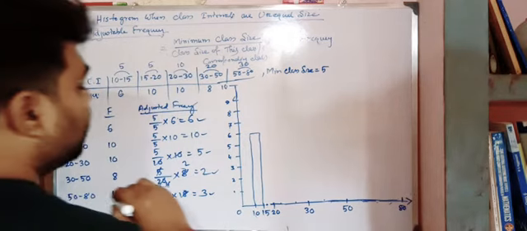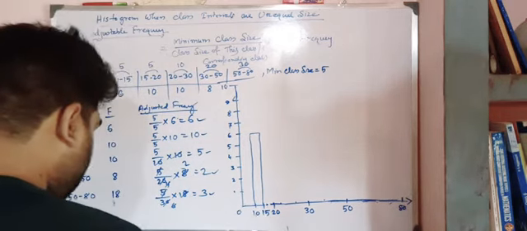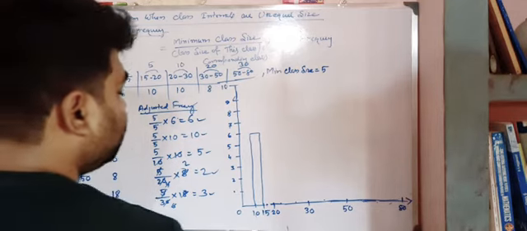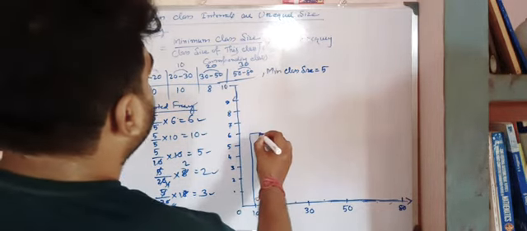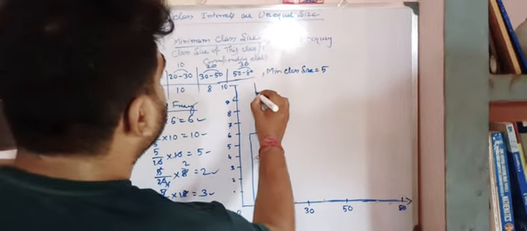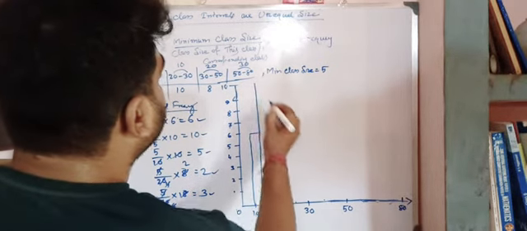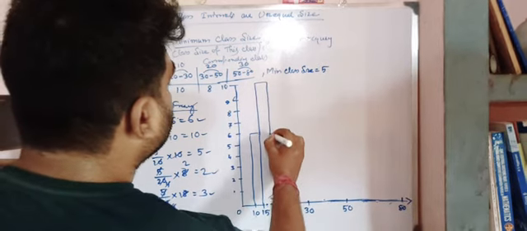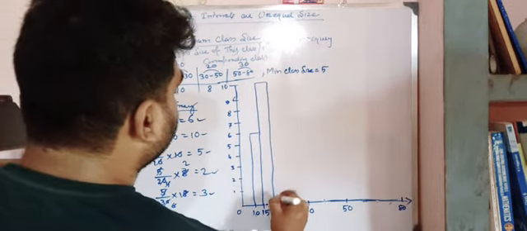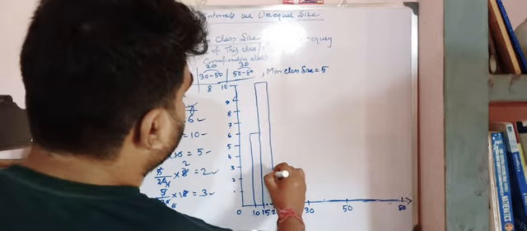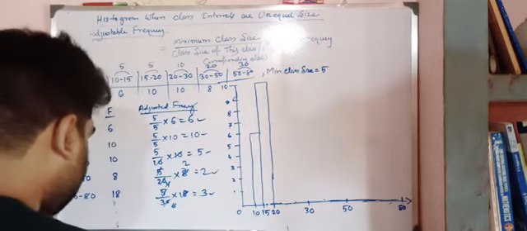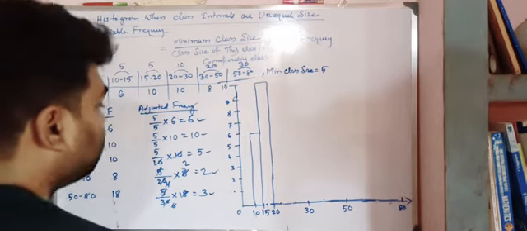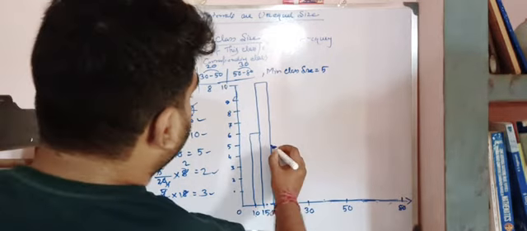Next, 15 to 20, the adjusted frequency is 10. This is 15 to 20. This is a rough sketch. Next 20 to 30, 5.